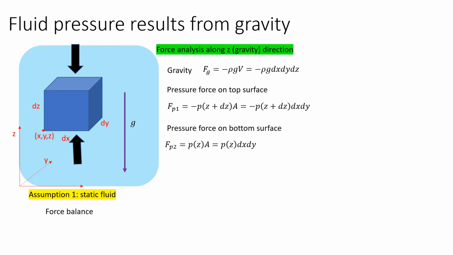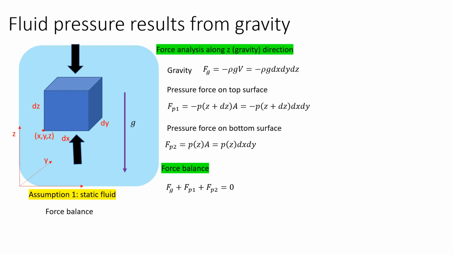We also have pressure on the bottom surface, and the pressure force this time is in the positive direction, so it's positive, and the pressure location is z, so we denote it as pz, and then times the area, or pz times dx dy.